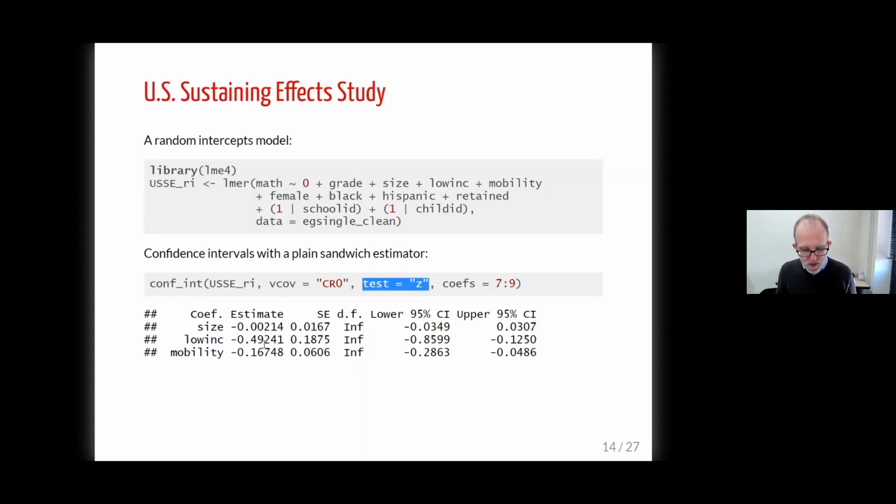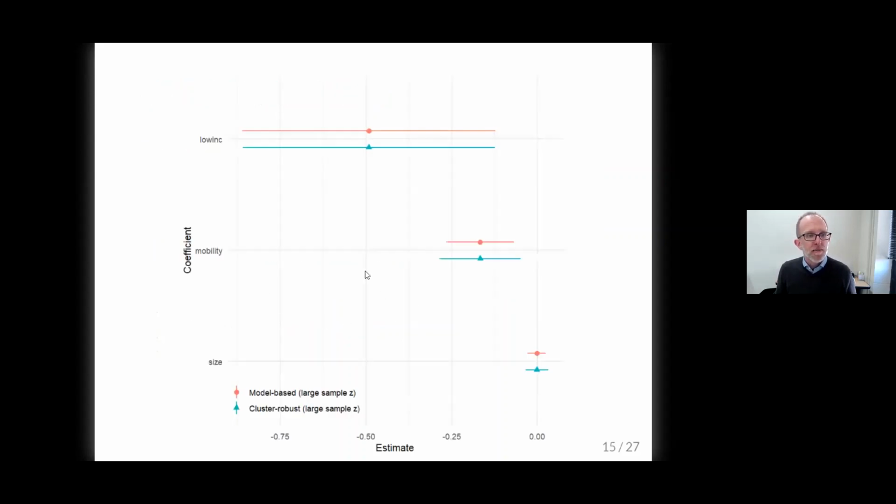So here I'm focusing on the school level predictors. And in this particular case, the cluster robust standard errors are not too different than the model-based standard errors.